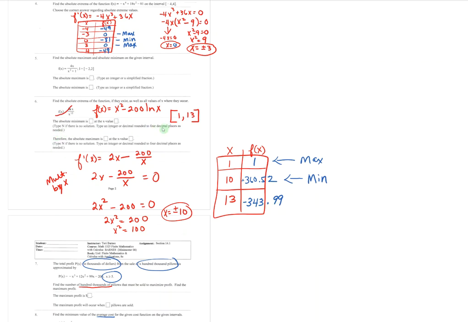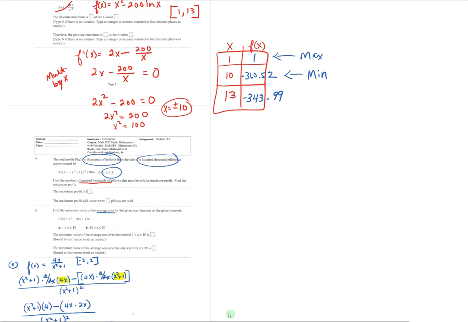And they are allowing decimals, and they say round to 4 places. So your max is 1, your minimum is 360.52. So those are the values that go there. Your x values go in the second box, your y values go in the first one.